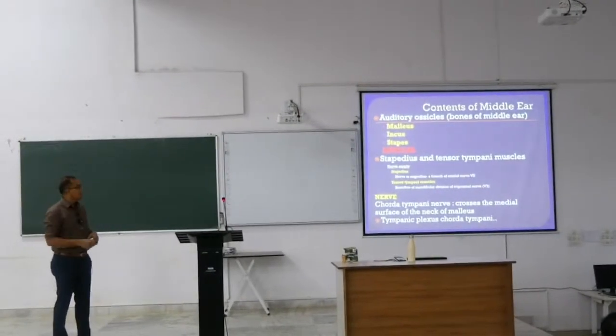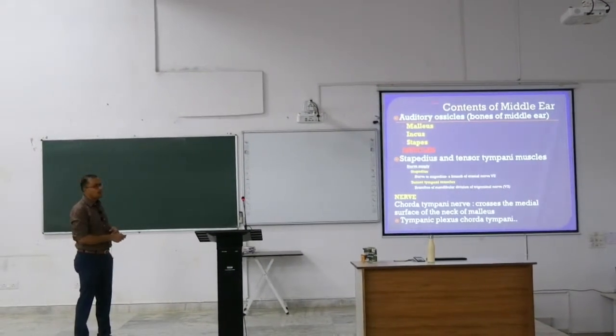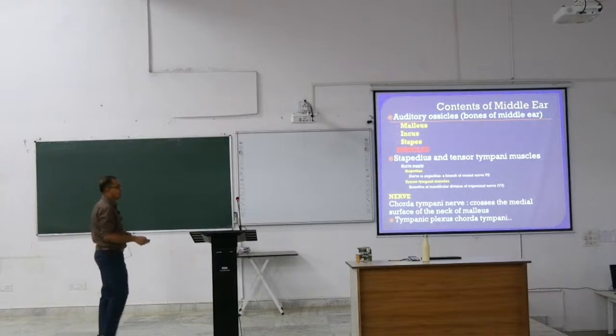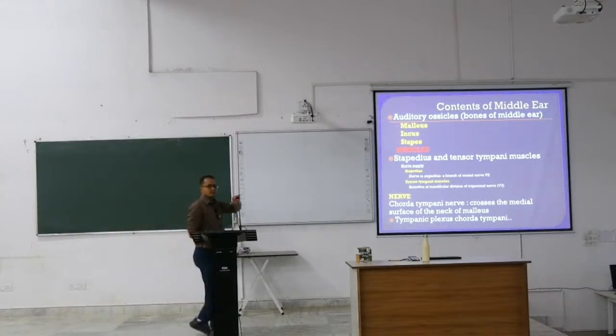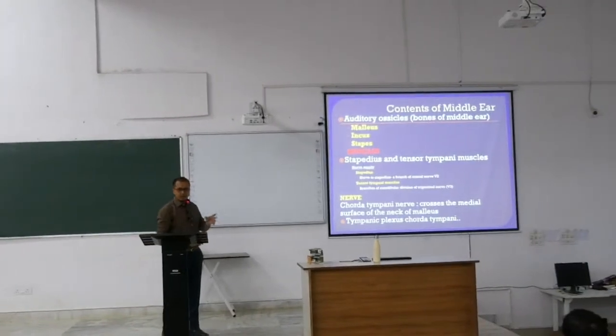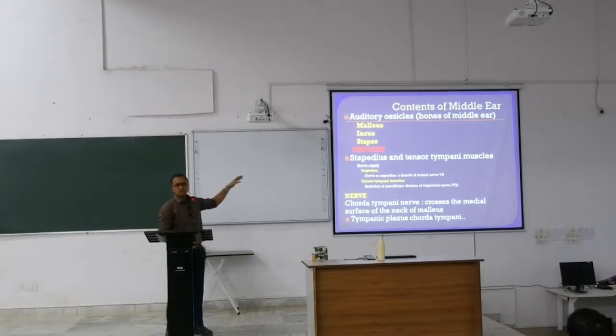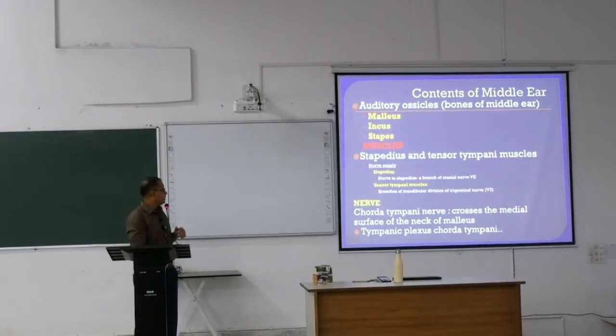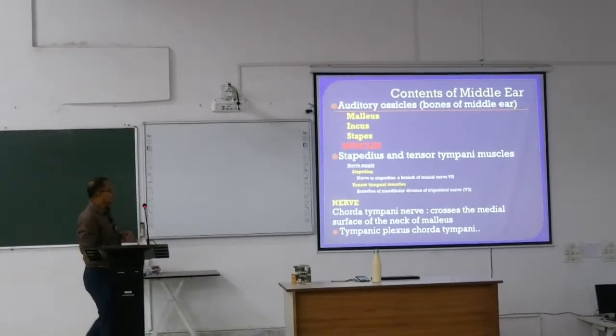So bones, in the middle ear there are tiny bones, we call them ear ossicles: malleus, incus and stapes. They are present in this middle ear cavity as contents. We have two muscles related to it, we call them stapedius and tensor tympani. Tensor tympani is coming from the anterior wall which you have seen related to the eustachian tube. Stapedius is related to the posterior wall and related to the stapes.